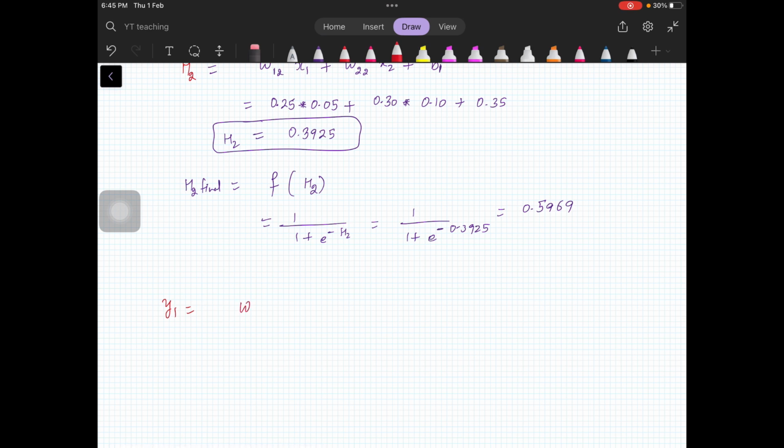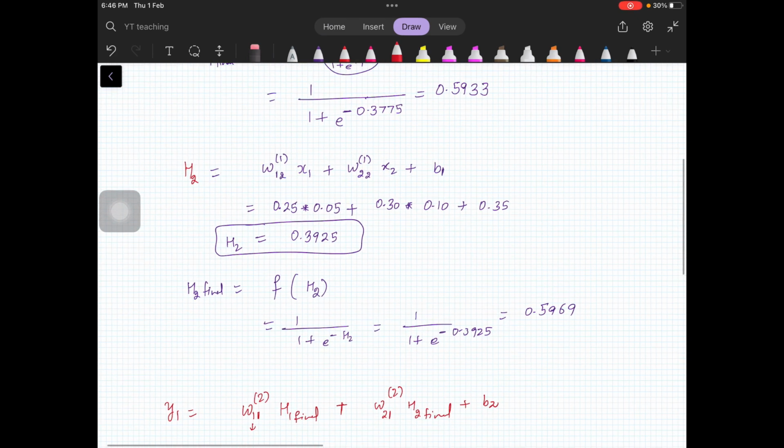So we have 1 going to 1, but the second layer this time h1 final, plus the second weight which is w12. So 2 to 1 we have to go, h2 final plus your bias term. Now if you put all of them, this is 0.40.